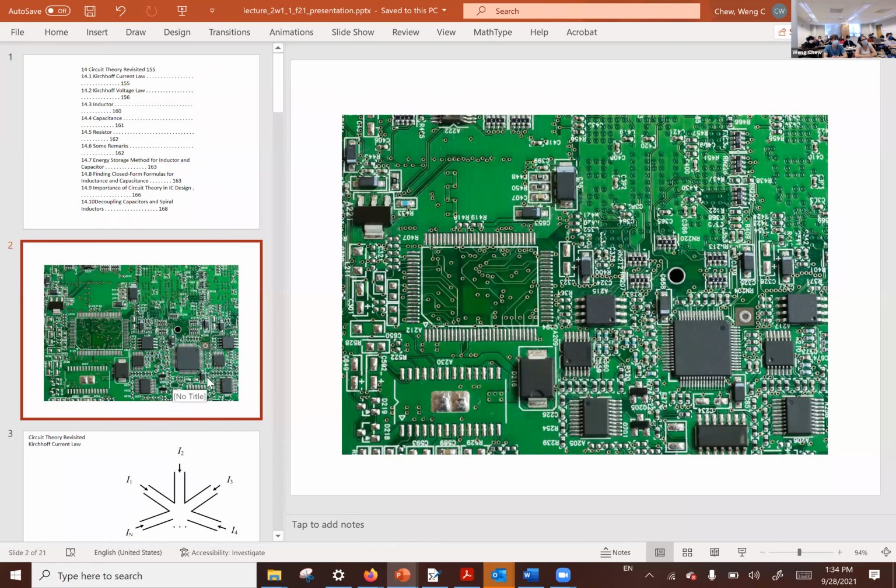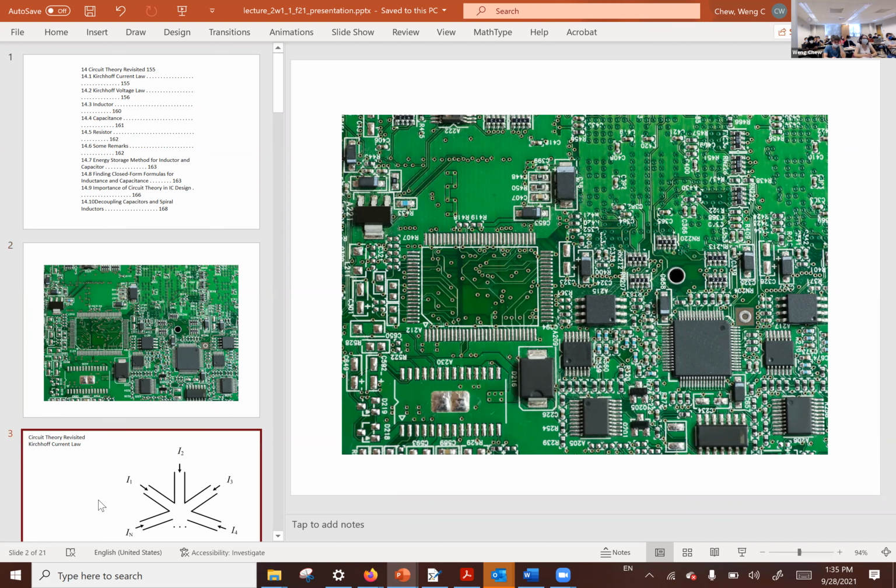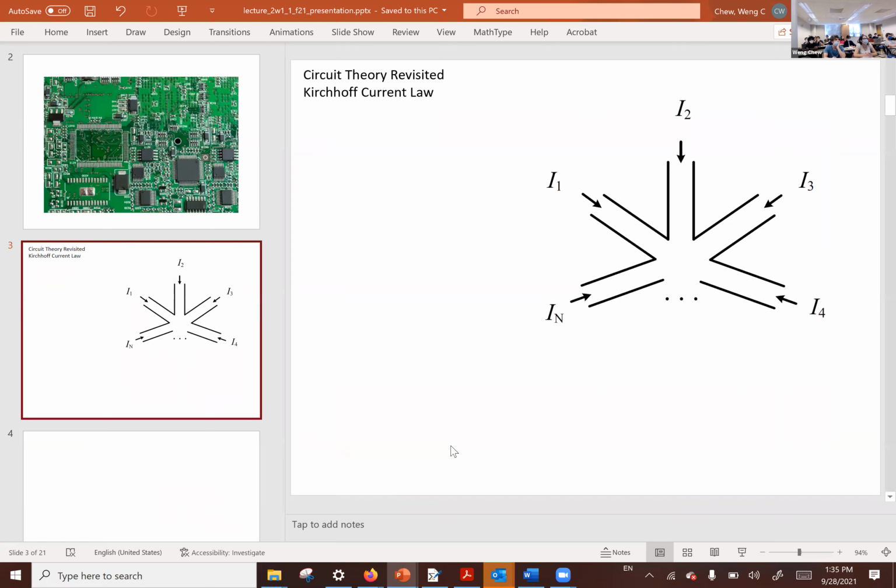We engineer these components, but circuit theory plays a very important role, and you find that it's actually a part of electromagnetic theory.